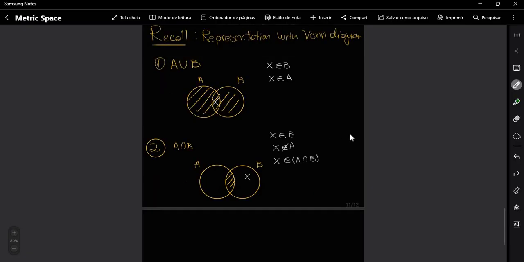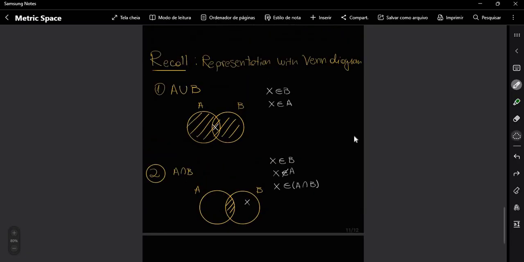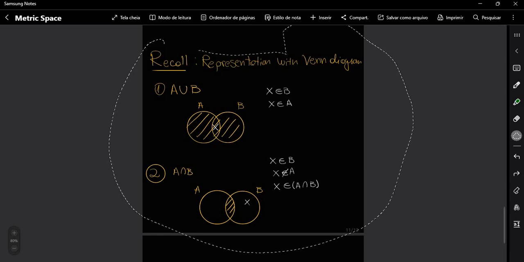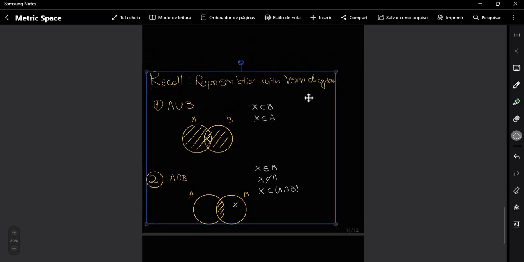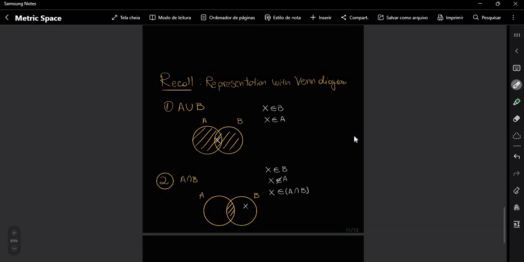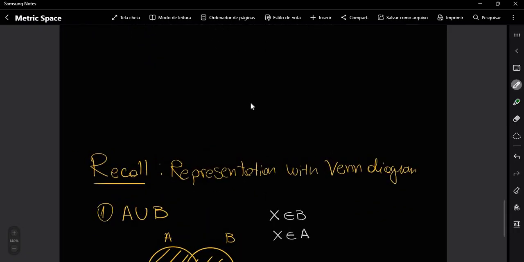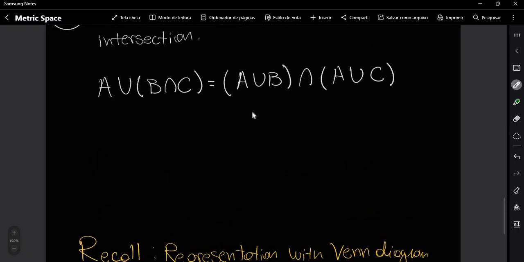Okay, so let's do it. Now you see that this recall will be useful.